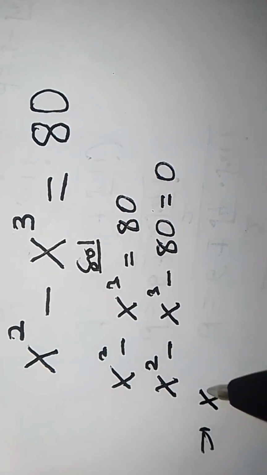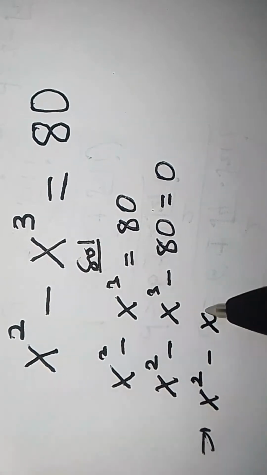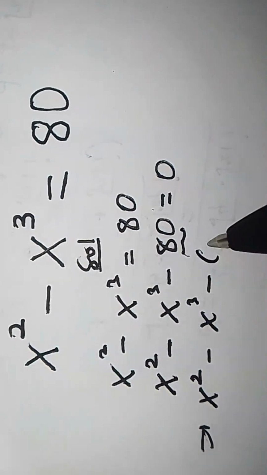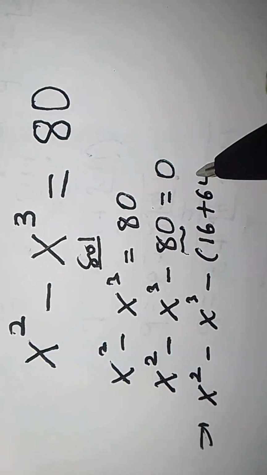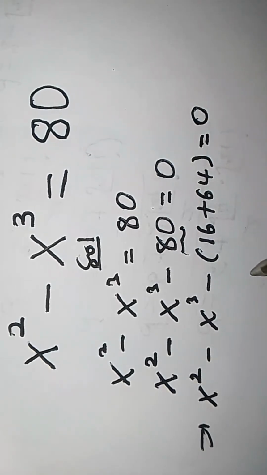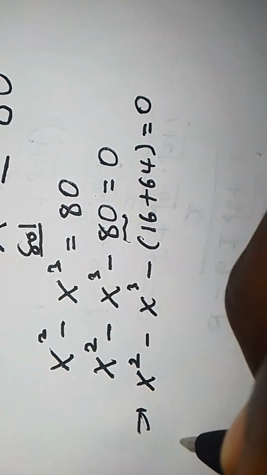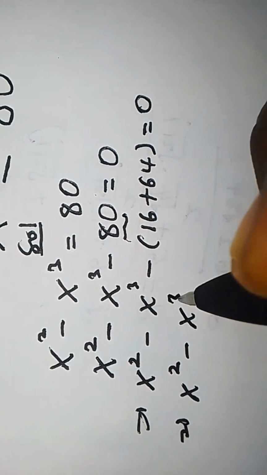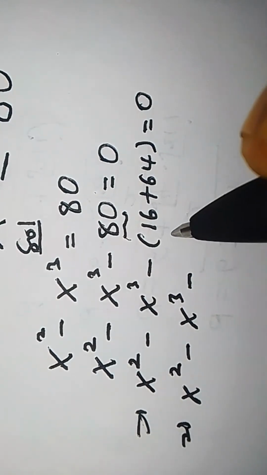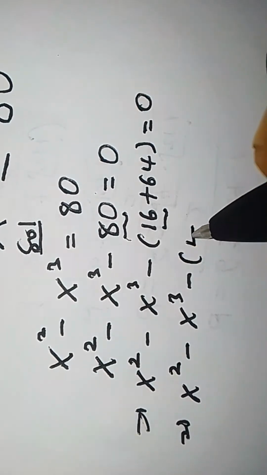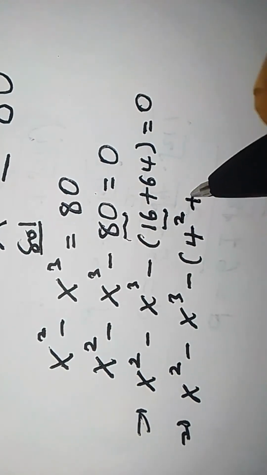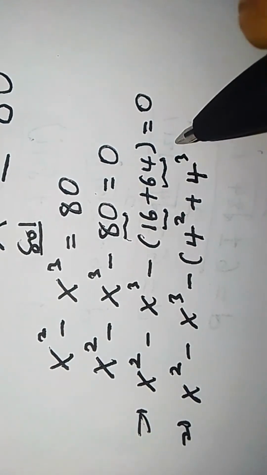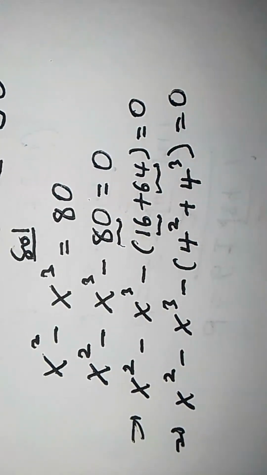This means that x to the power of 2 minus x to the power of 3 minus 80 could be written as 16 plus 64 equal to 0. Let's continue. This means that x to the power of 2 minus x to the power of 3 minus 16 could be written as 4 to the power of 2, plus we can also write 64 as 4 to the power of 3, equal to 0.